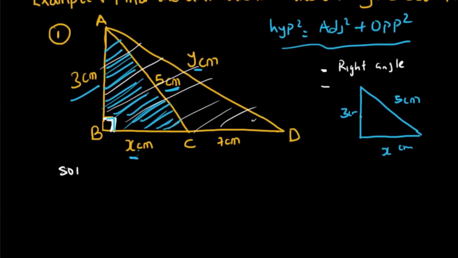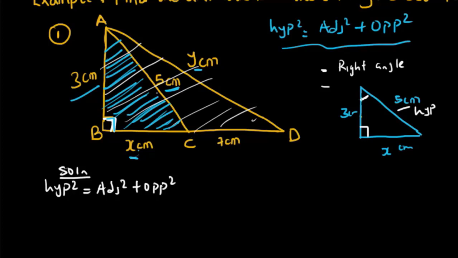So we have the solution. Now what is the Pythagoras theorem? Hypotenuse square equals adjacent square plus opposite square. Now what is the hypotenuse? Remember, the side facing angle 90 is the hypotenuse. That means 5 is the hypotenuse, and any other side can be either adjacent or opposite.